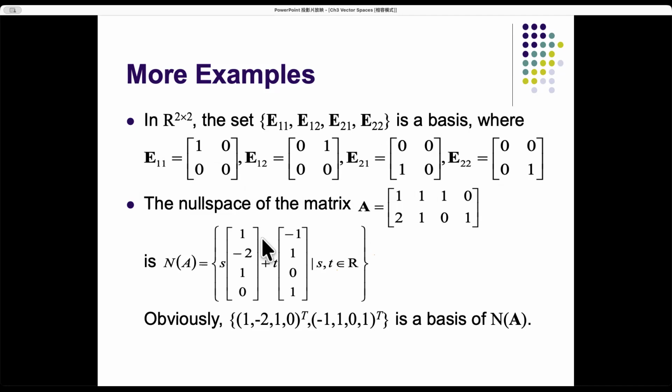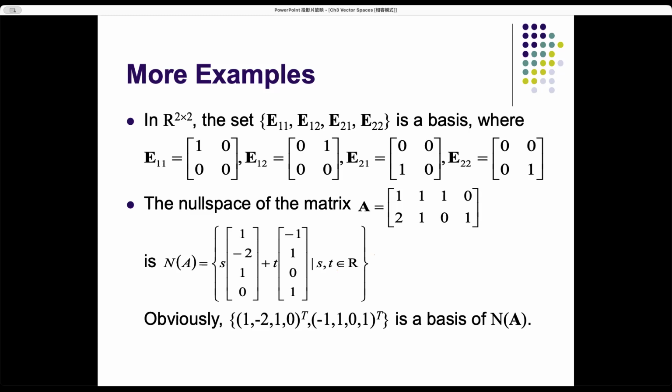And the last one is kind of interesting, because we talked about null space, right? And we previously showed that null space is also a vector space, right? So if you still remember, we used this example, this matrix.